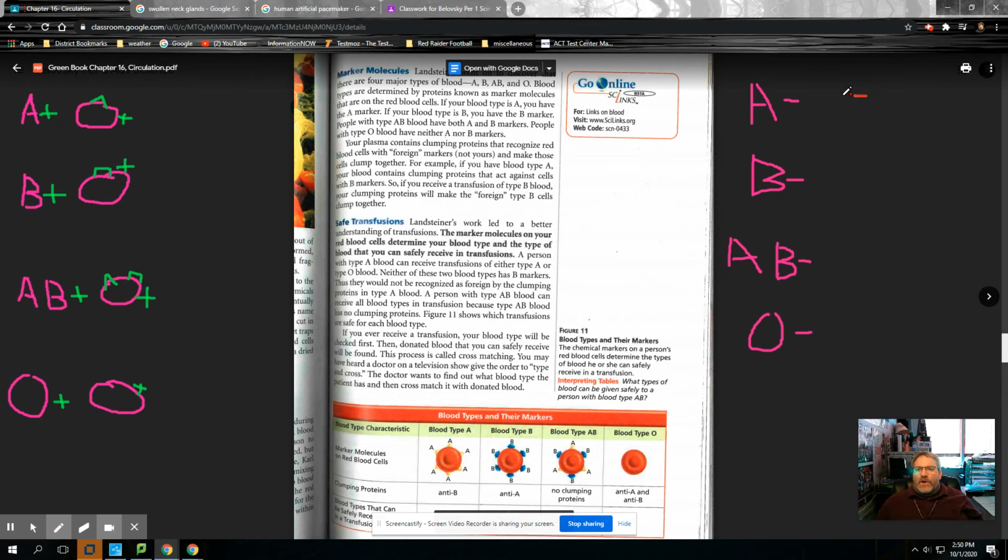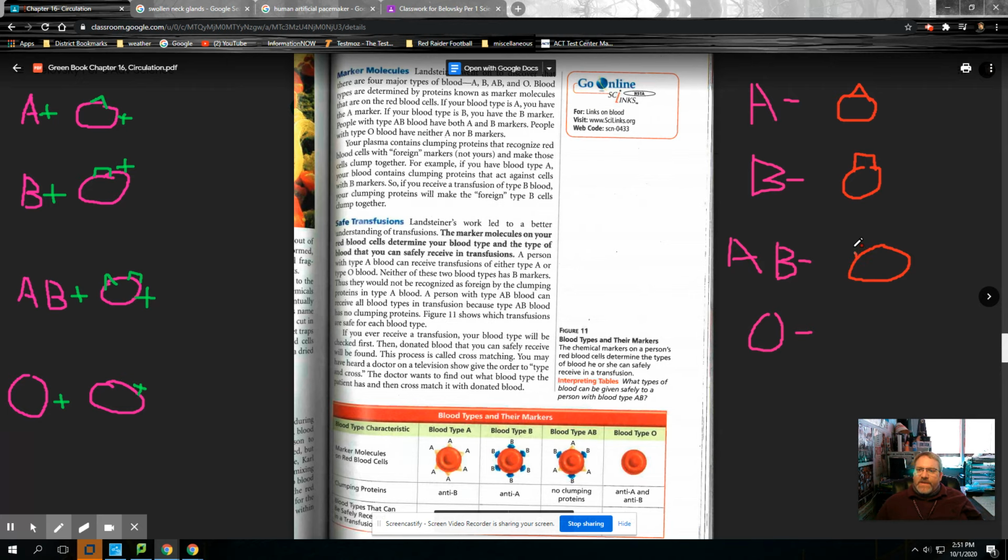A negative blood. All right, here's the red blood cell, and there's the marker, just like this right here, except a different color. All right, but I'm not going to draw that plus sign, so that means it's negative. A negative. All right, let's draw B here. B has the B marker, but no plus sign, so it is B negative. Here's another red blood cell.